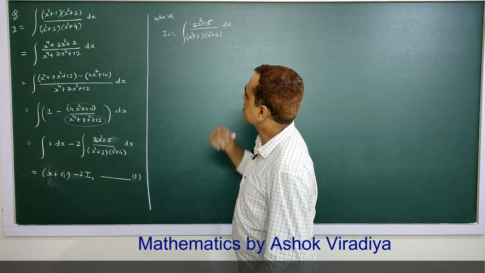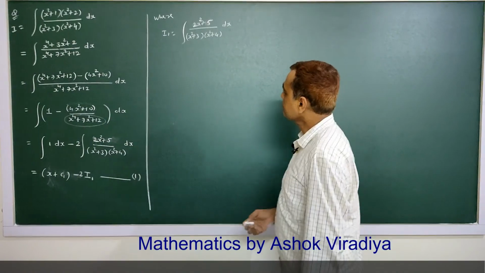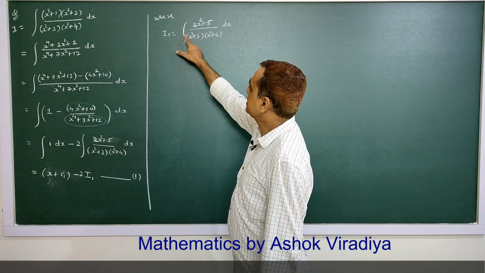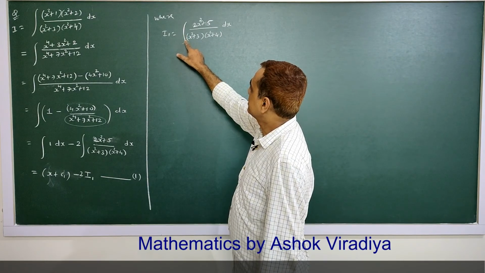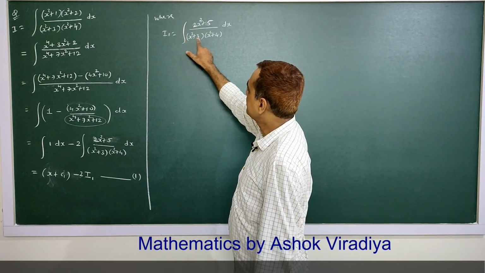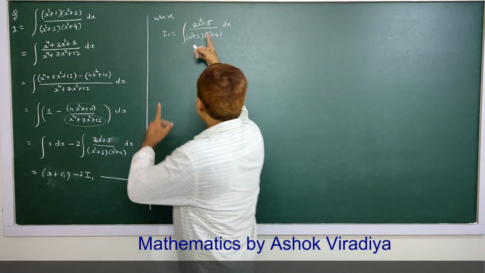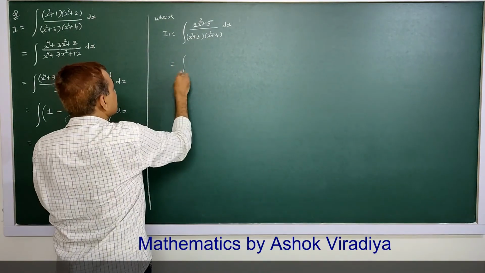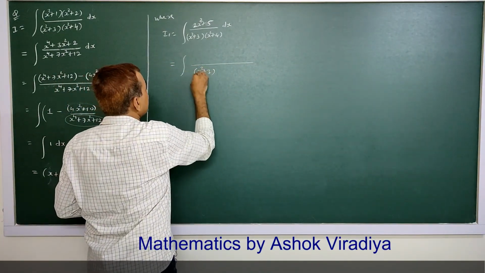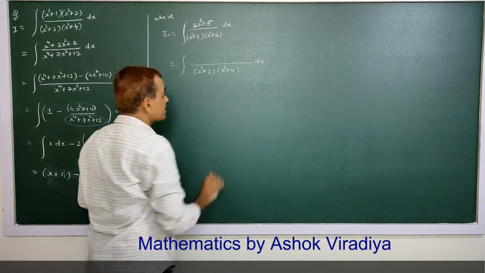So look, if we add these two factors, it will be 2x^2 + 7, and we don't have 2x^2 + 7. If suppose we multiply this by 3, 3 times 3 is 9, 9 minus 4 is 5, so it can be done. Look, (x^2 + 3)(x^2 + 4) dx.